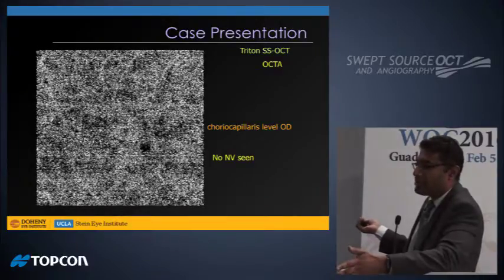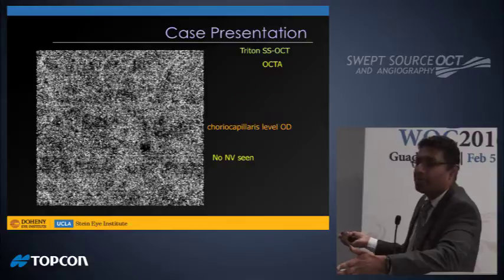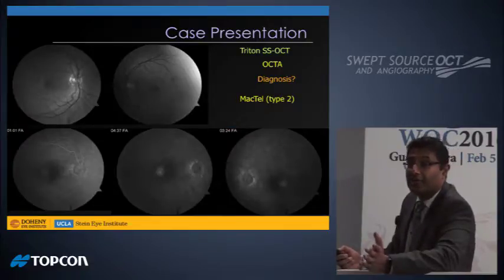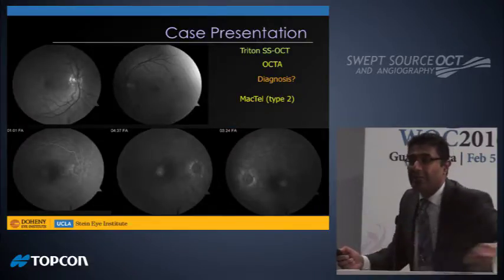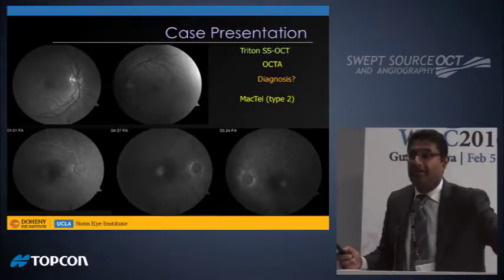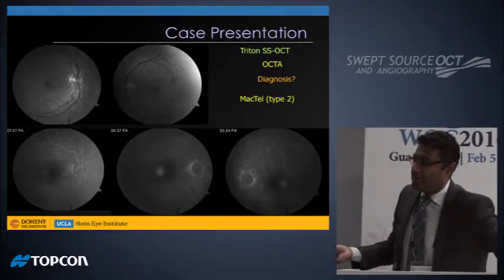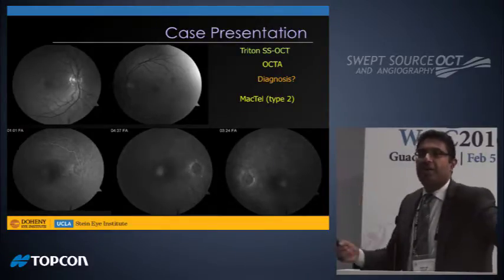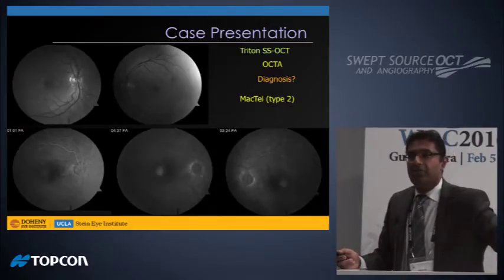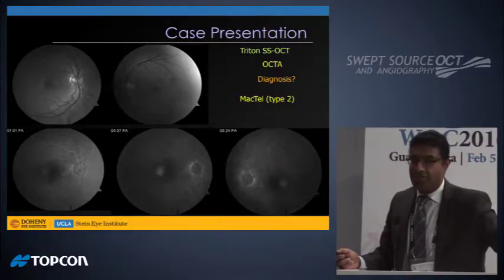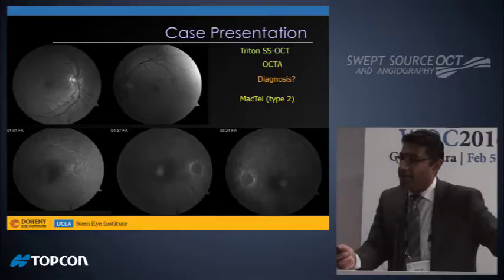So again, what's the diagnosis? Well, the fluorescein angiogram was probably not necessary. That's one of the conditions where we probably aren't needing fluorescein angiography anymore, because we really can make the diagnosis quite well with OCT angiography. This patient has MACTEL type 2, a fairly typical presentation, confirmed by OCT angiography.